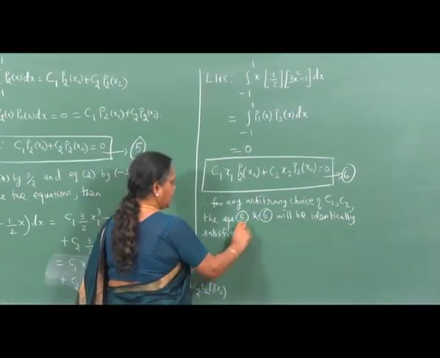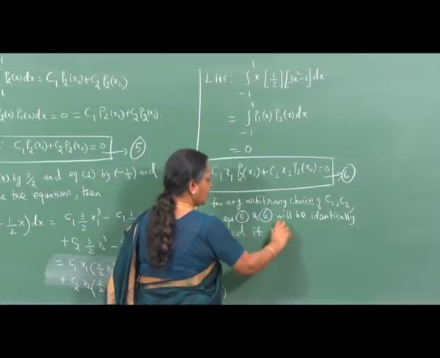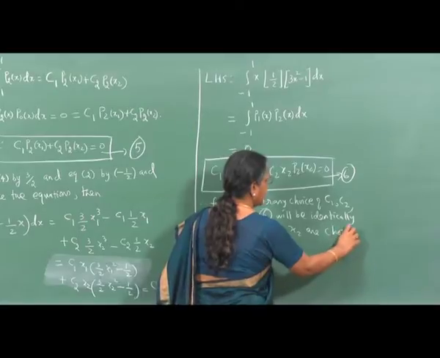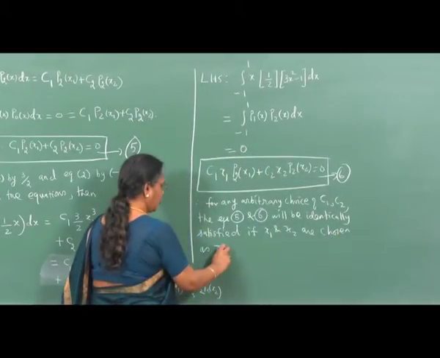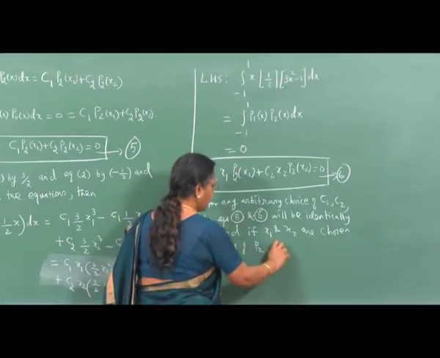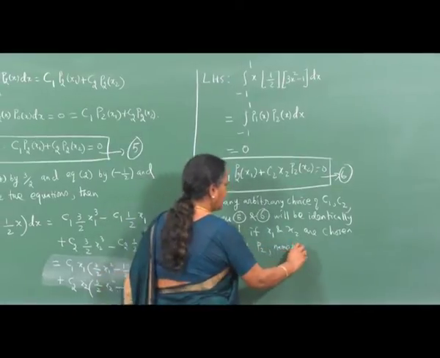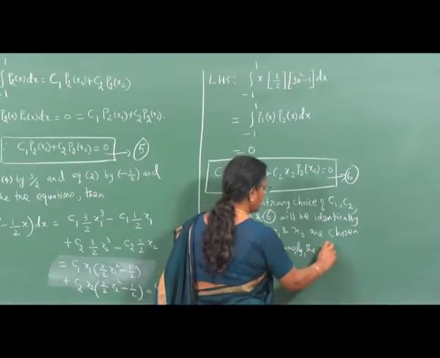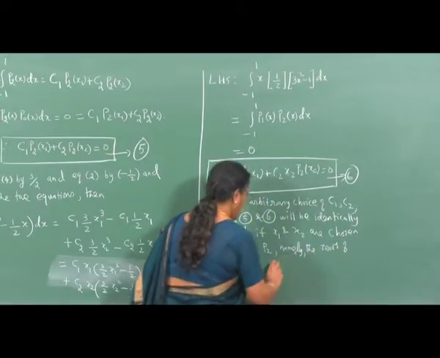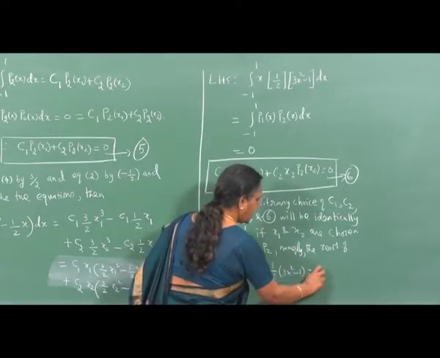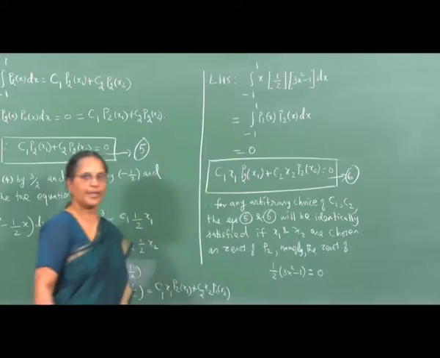if x1 and x2 are chosen as zeros of P2, namely the zeros of half of 3x square minus 1 equal to 0.